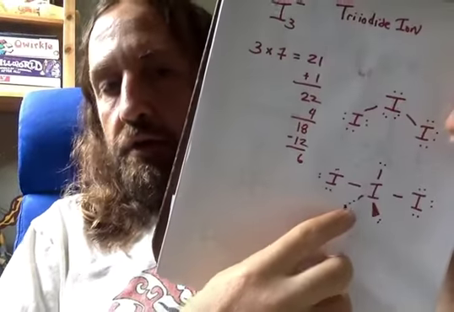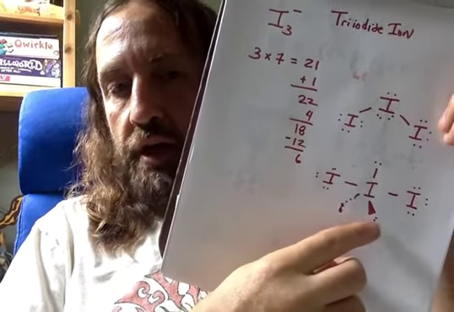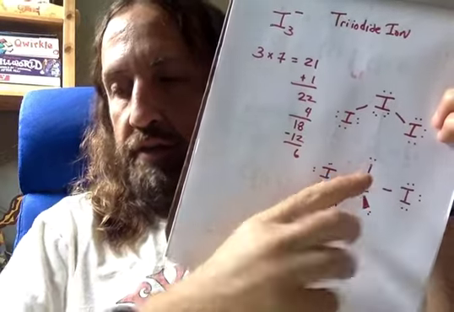So how we would draw that is you just draw your iodines in a line, and you have one set that's on the plane, and one coming out and one coming back. So there's my set that's going back, there's my set that's coming out, there's my set that's on the plane.